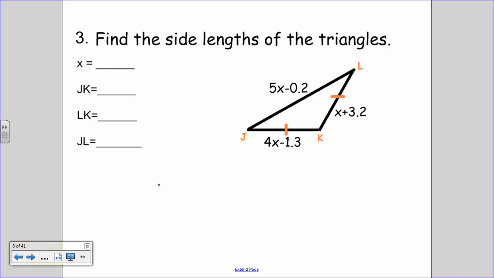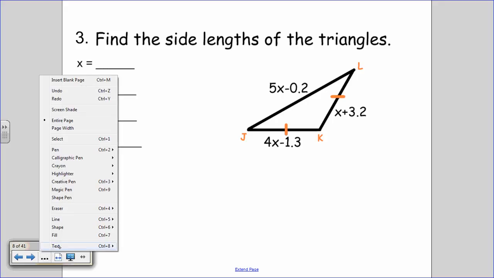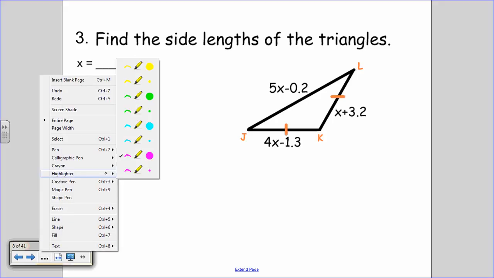On example 3, we're going to find x and then the lengths of all the sides of this triangle. If you notice, two of the sides have a tick mark.